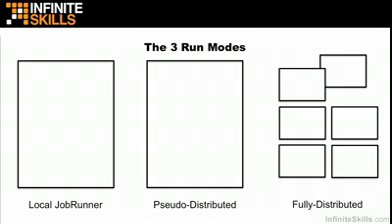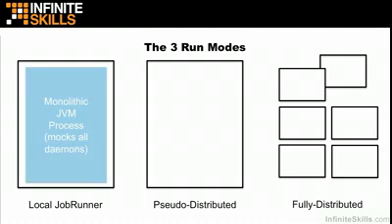Here, these dark black boxes, as we see in other diagrams, each represent a physical machine. Inside of each of these machines, we're going to have one or more JVMs, or Java Virtual Machines, running. A common convention we use throughout this course is that a JVM is represented by a dotted line, as we have here with local job runner mode.